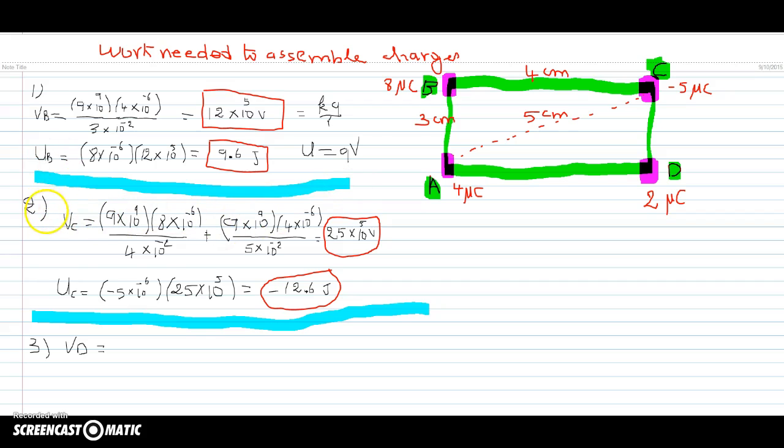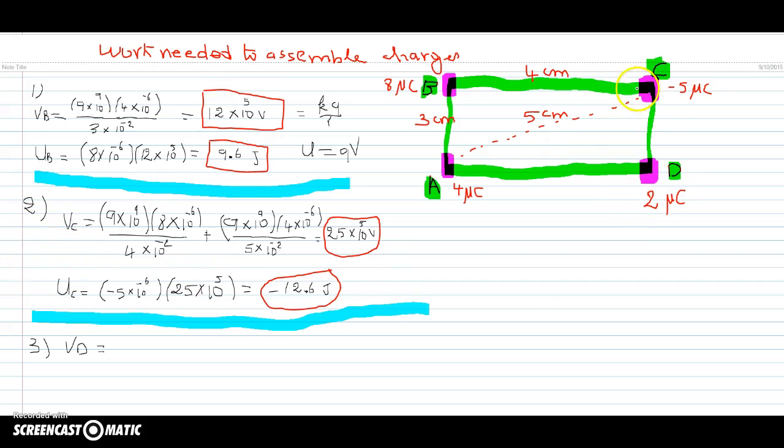Now, second, I'm going to consider the charges 4 micro and 8 micro and find the net voltage at point C due to these 2 charges. I'm going to ignore these. Okay, so that is 2.